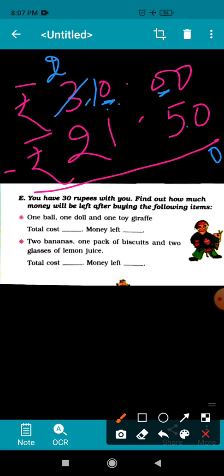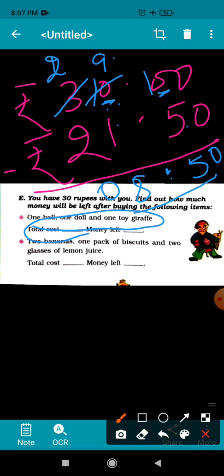Now it can easily give 1 here and become 9. Okay, 10 minus 5, 5. Then put a point or dot. Now 9 minus 1, 8 and 2 minus 2, 0. So after purchasing all three items, 8 rupees 50 paisa is left.